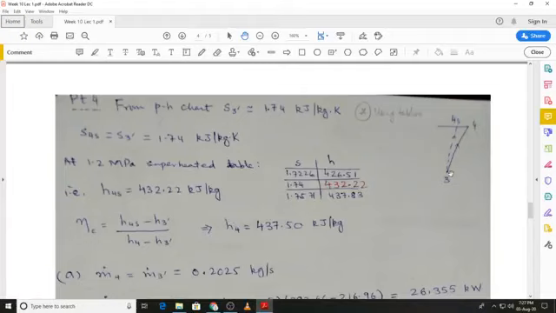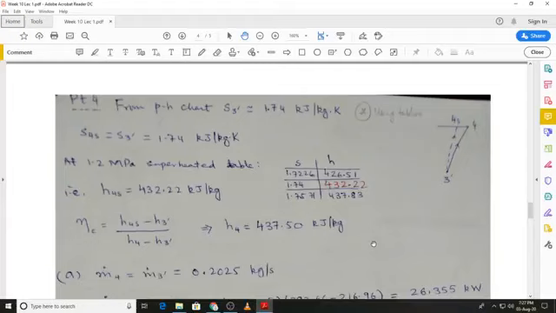This time the ideal work of compression or isentropic work of compression was H4S minus H3 prime, and the actual work is H4 minus H3 prime. So we have all the enthalpies except H4, and that comes out to be 437.50 kilojoule per kilogram, and again we expect it to be higher than H4S, and that is shown by the value that we have worked out.